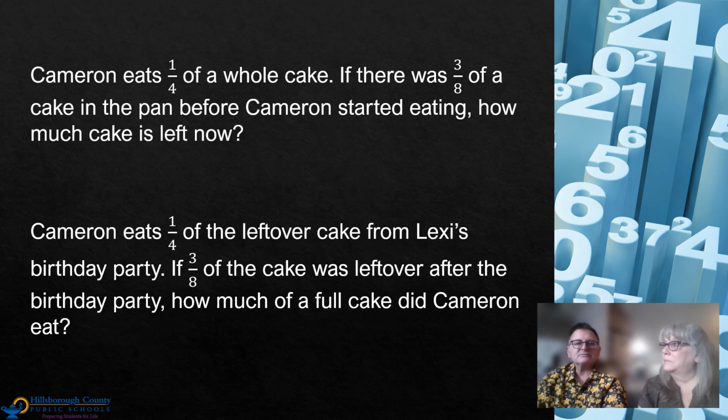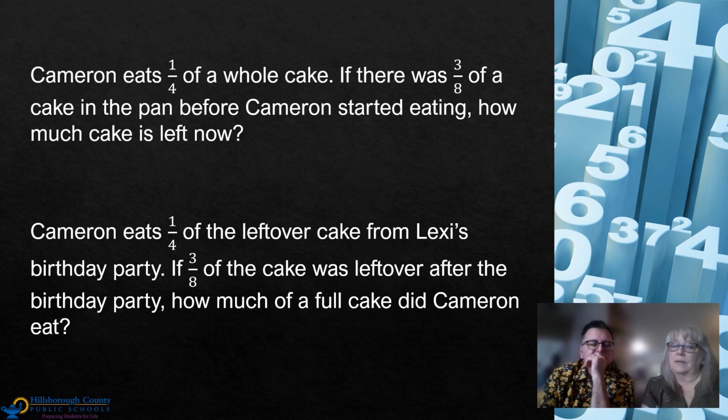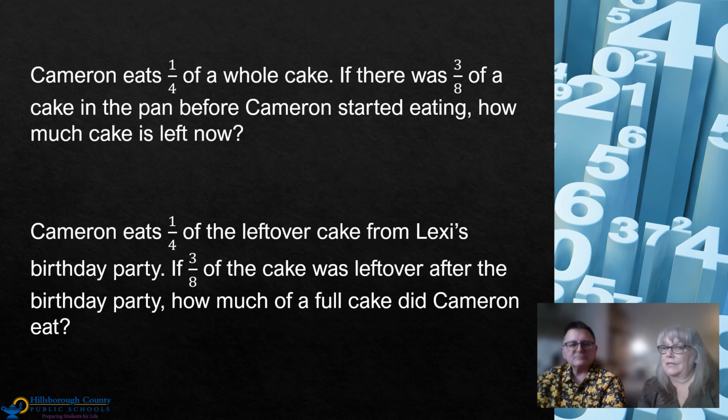So that first one is subtraction. Our second one is the multiplication problem, because in that second problem, he's eating 1/4 of the leftover cake. And we know that 3/8 of the cake is left over. So in the second one, he's eating 1/4 of the 3/8, where in the top one, he's eating 1/4 of a whole cake. Okay. So the difference is, what am I eating?